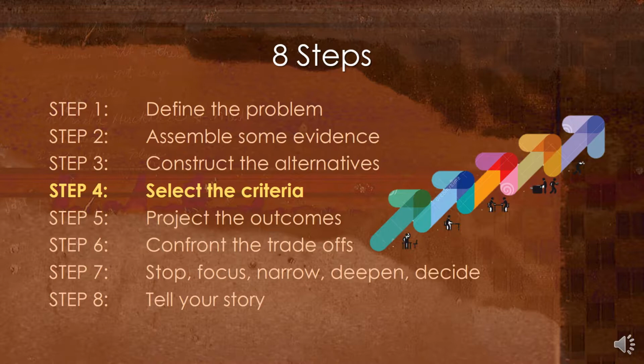Once you collect this information, you move on to step 3, which is constructing the alternatives. Here you look at what other policies are in effect or could be an alternative to this policy. You really want to broaden your research, broaden what policies you're looking at, and then as you go through, narrow your alternatives.